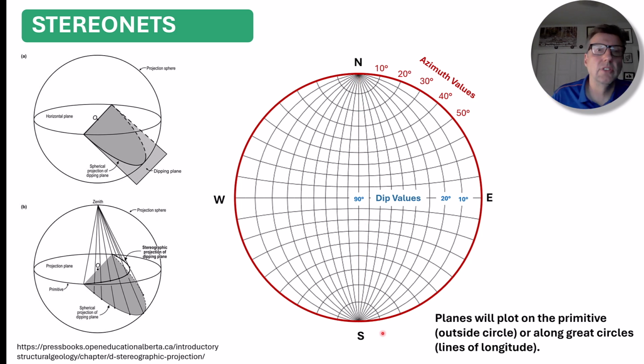But as the dip angle decreases and progresses to horizontal, we get more and more curvature to those lines. Let's take a look at a plot of a single plane.